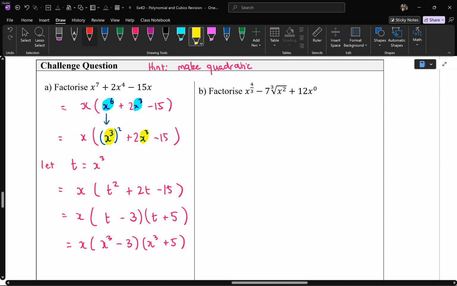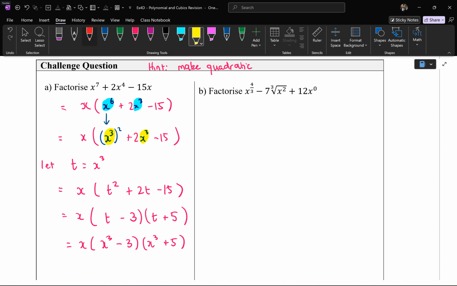Yes, it was to confuse you. It's a distractor. You need to know what cube root is as a power. That will help you. Now this is 7 times cube root of x squared.